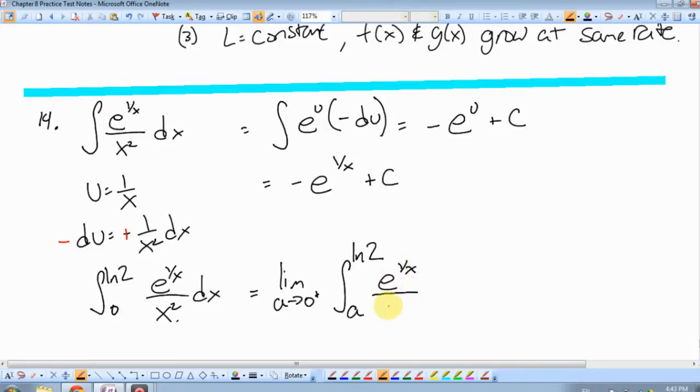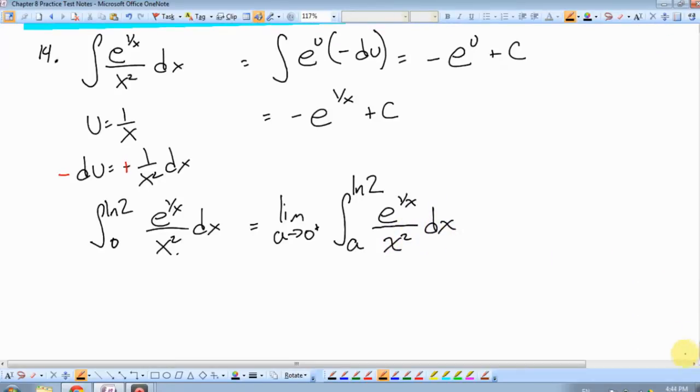I'm not sure if it will make a difference if you put a normal 0, so I'm putting it there to be safe. This equals the limit as a approaches 0 from the right of negative e to the 1 over x from a to natural log 2.